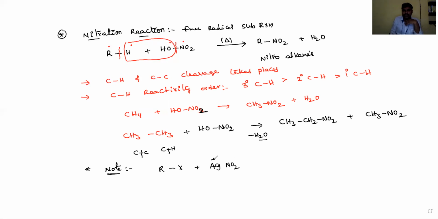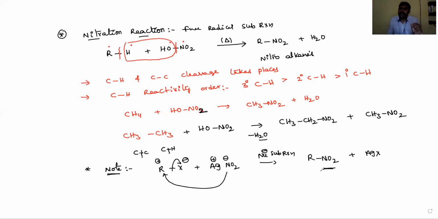It undergoes a nucleophilic substitution reaction, producing nitroalkanes as the major product, and AgX. This is the alternate method for the preparation of nitroalkanes when compared with alkanes.